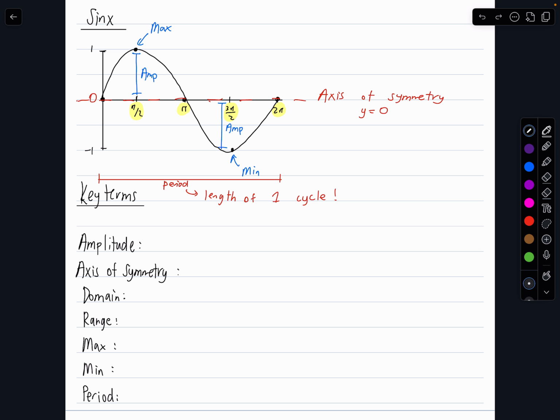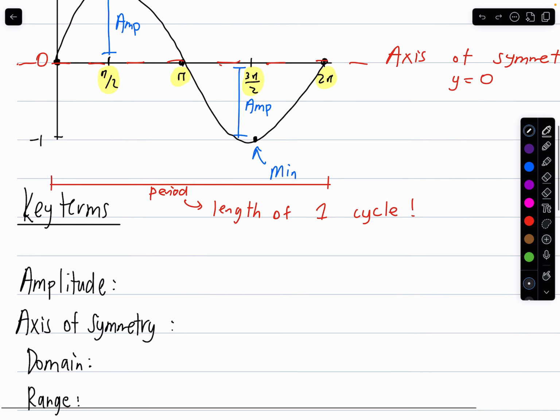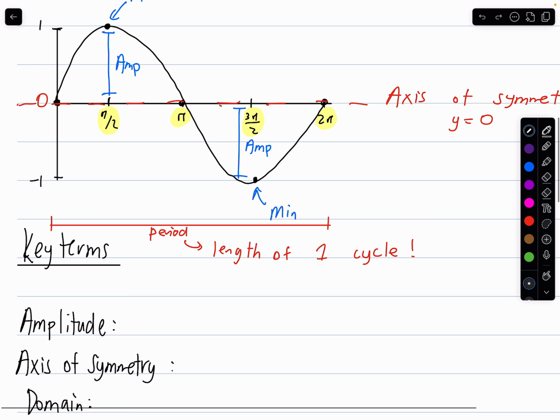Now, the amplitude and the axis of symmetry, there's a key thing that I want to let you guys in on. The amplitude, there's another way mathematically that we can find the amplitude, and we can use this equation. Amplitude is equal to the max minus the min divided by 2. So the max is 1.